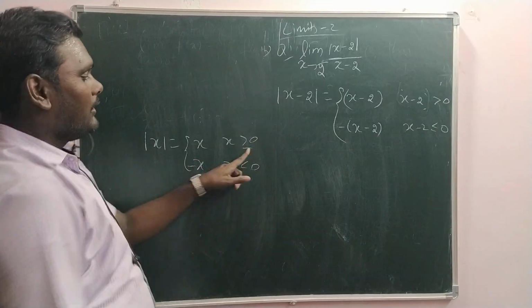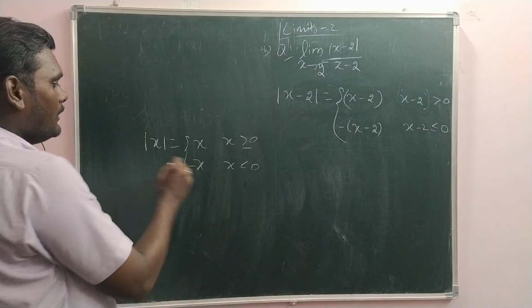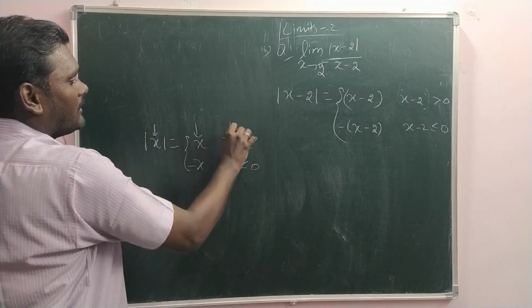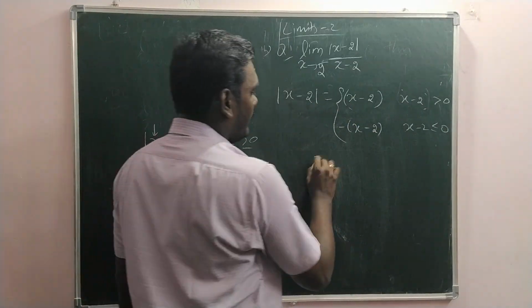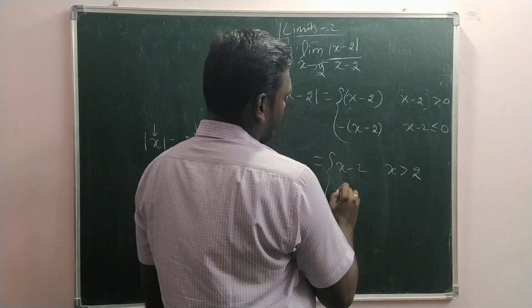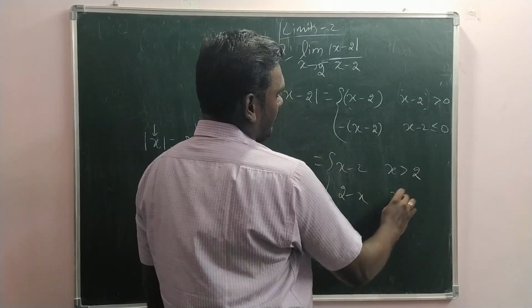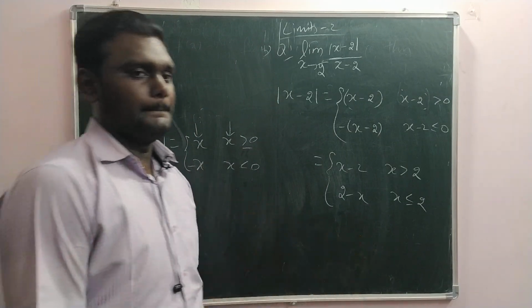See, this equal to case we can associate with anything, that doesn't matter. So given thing here, given thing here. In that manner I have written given x minus 2, here x minus 2, here x minus 2. Try to understand this. This is x minus 2 when x is greater than 2, and this is 2 minus x when x is less than or equal to 2. Now this is the definition we are going to apply.